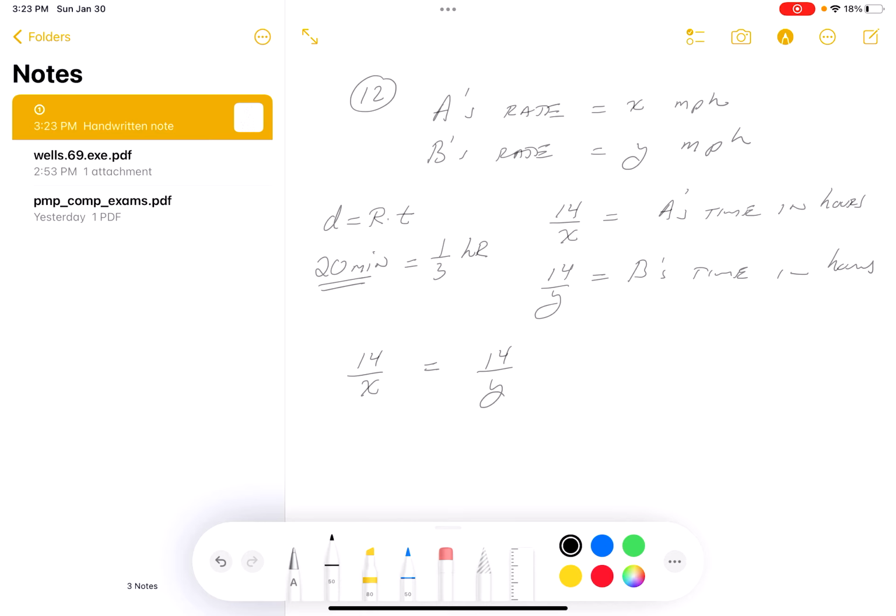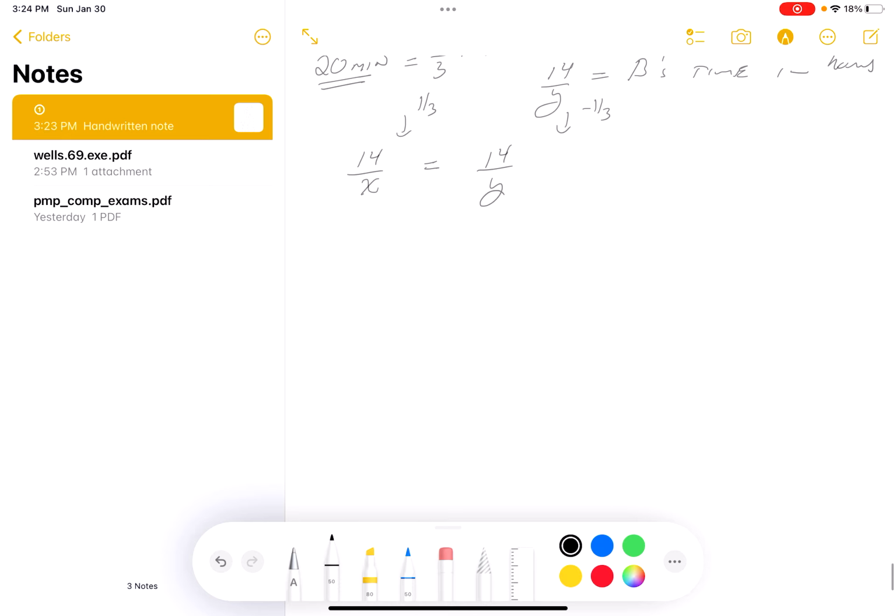But who took longer? You may have to read it a couple times. B took longer, B taking 20 minutes longer. So to make them equal, I could either add 1/3 to this side or subtract 1/3 from this side. It doesn't matter. I'll write down 14 over X equals 14 over Y minus 1/3.